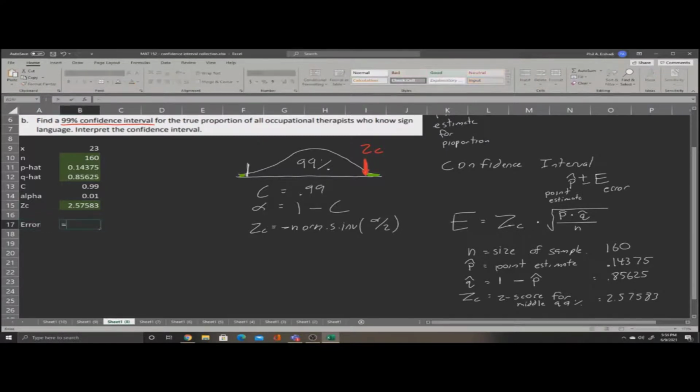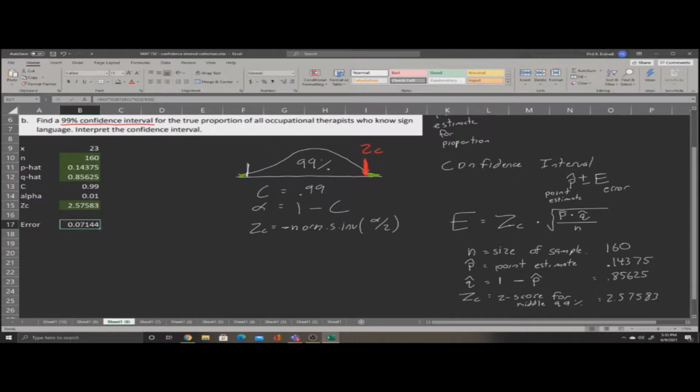We'll say equals, click on the z critical, and multiply times the square root of p hat times q hat divided by n. With all four numbers in the formula, we press enter. And we get 0.07144 for our error.